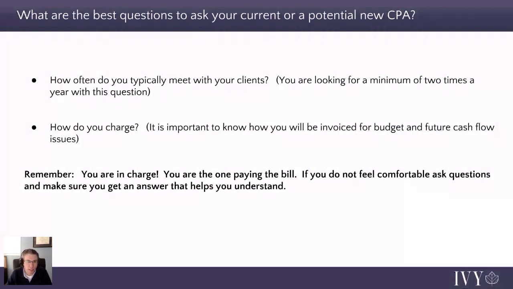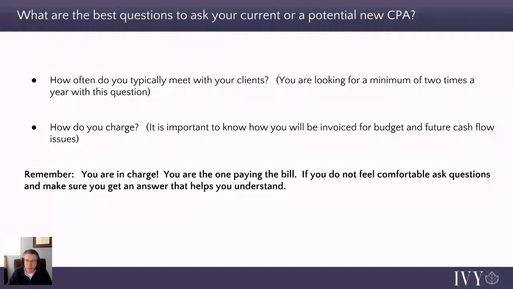Another question is, how do you charge? So you can ask the accountant, how do you charge? Do you give a fixed price agreement in the beginning of the year, or is it something that they're budgeting for and they say they're not really sure and they bill by hours? So this is an important question to know how you're going to be invoiced for budget and future cash flow issues.